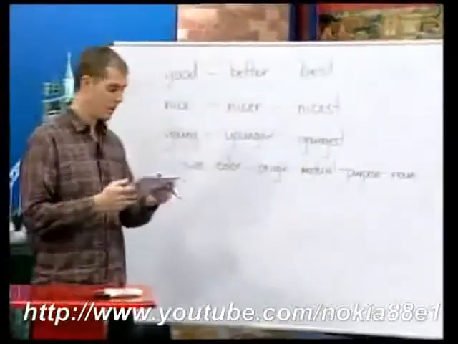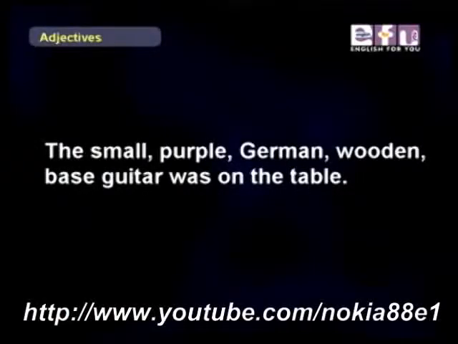So, for example, we could say the small, that's the size, the small, purple, German, wooden, bass guitar, was on the table.